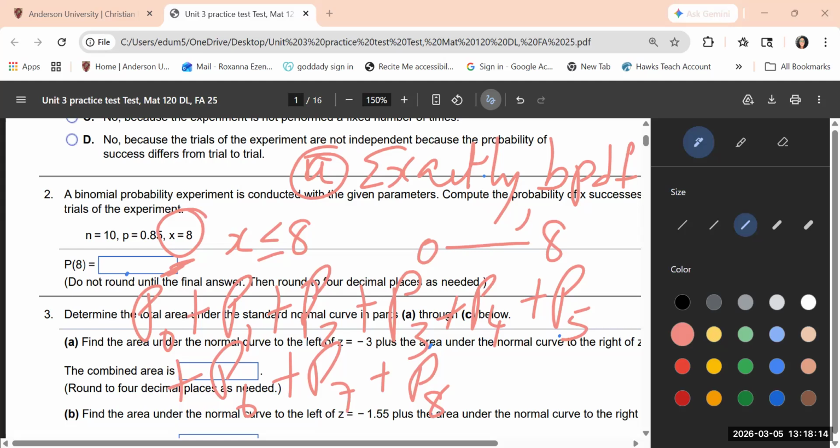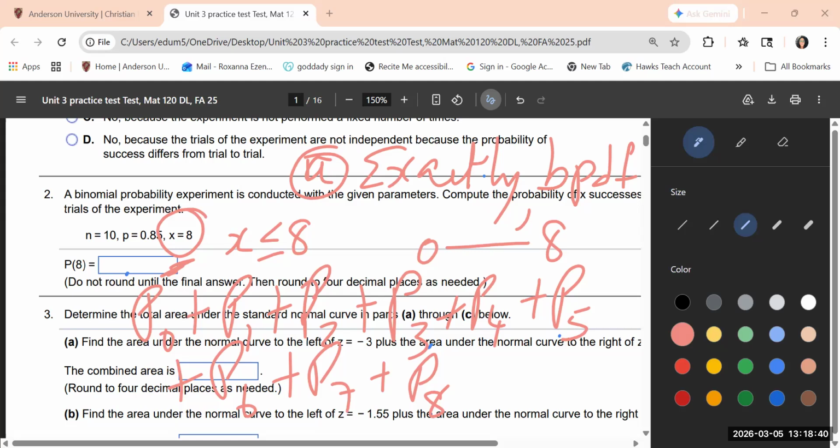Another way you can do it is to find 1 minus the probability of P7. Because if 8 is included, you cannot subtract it, so find a number that is less than 8. So this is an at least question.